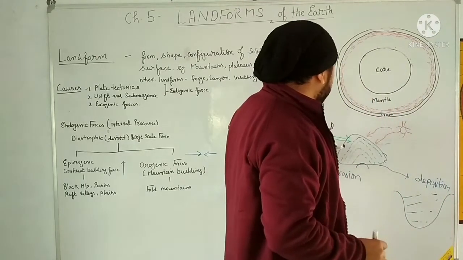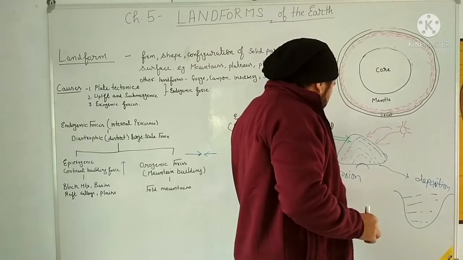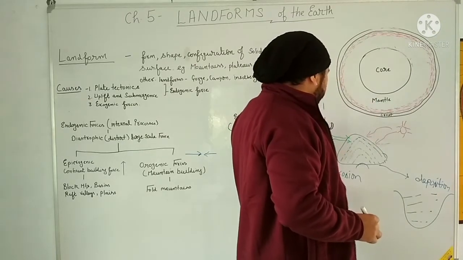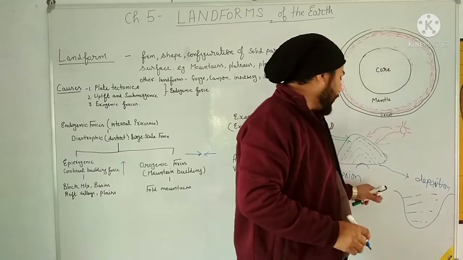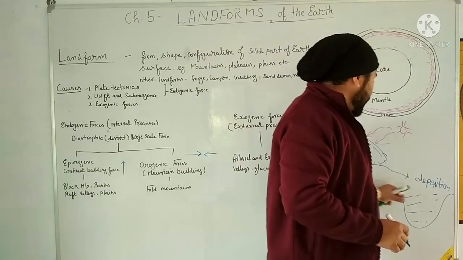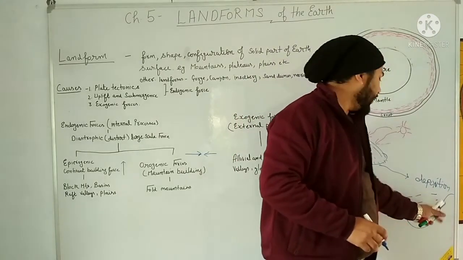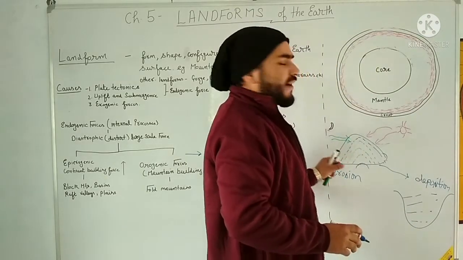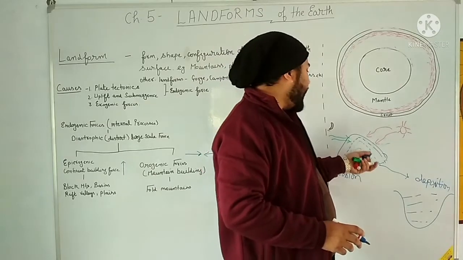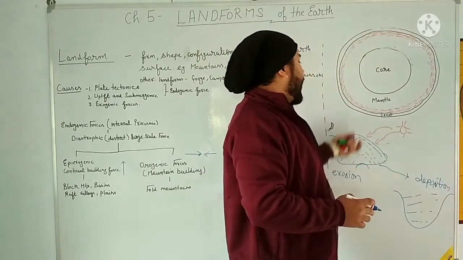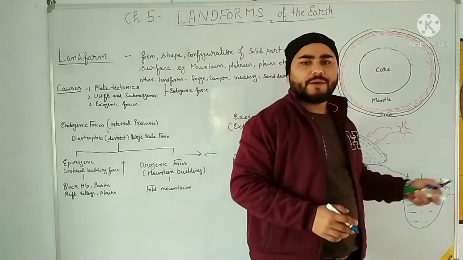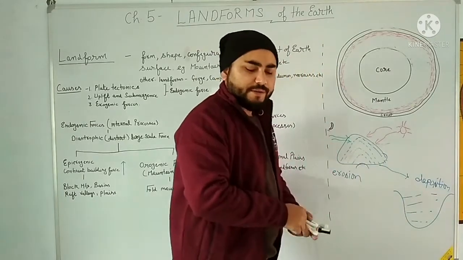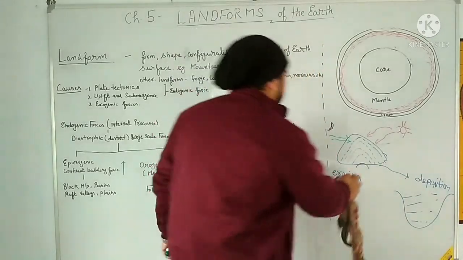Rivers or wind erode this, and the eroded material is transported by river or air or glacier and deposited in some depressions on the earth's surface. Likewise, the form of this land is getting changed from highly elevated to leveled ground. This we are going to study in detail.